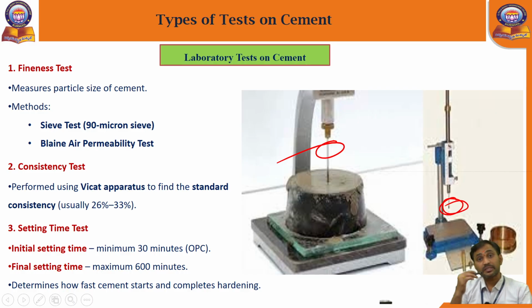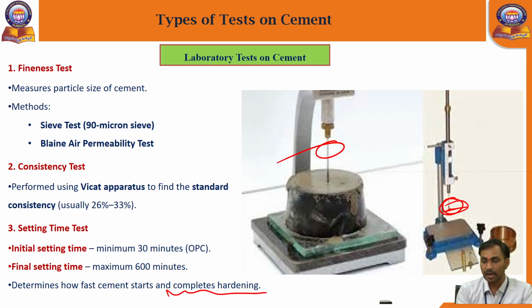After 10 hours it turns into a hardened shape, and even in that hardened shape there will be a little penetration. For that purpose we use the other type of needle. So it determines how fast the cement starts and completes the hardening process.